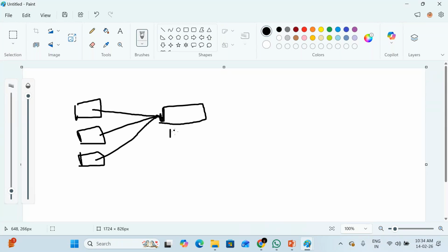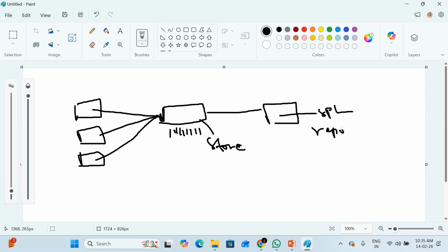I will customize the data, parse the data, filter the data, and store the data. After storing, again I will write a query on the storage, and I will create reports, alerts, dashboards. This is reporting. This is storage as well as ETL, and this is databases.